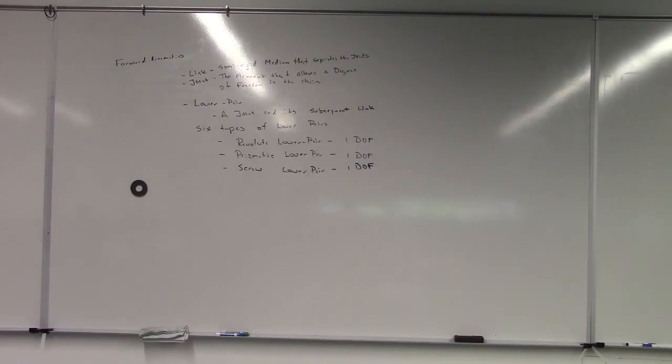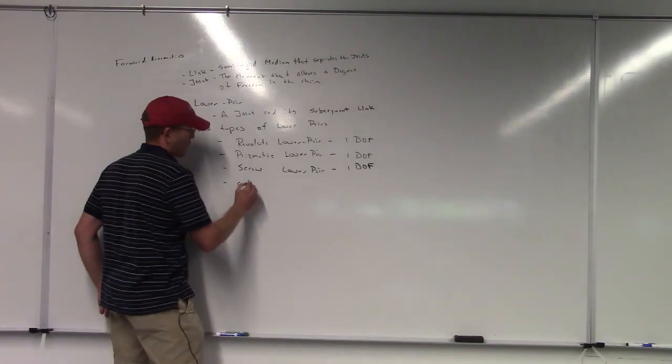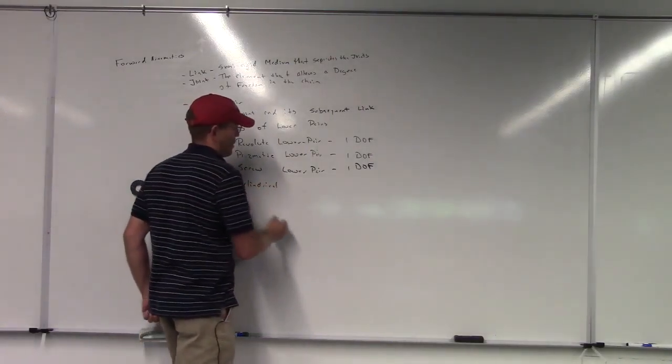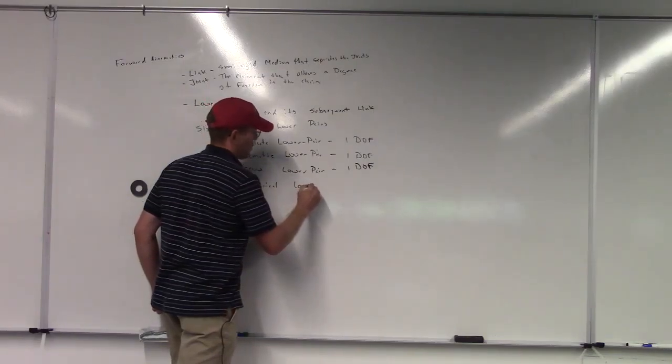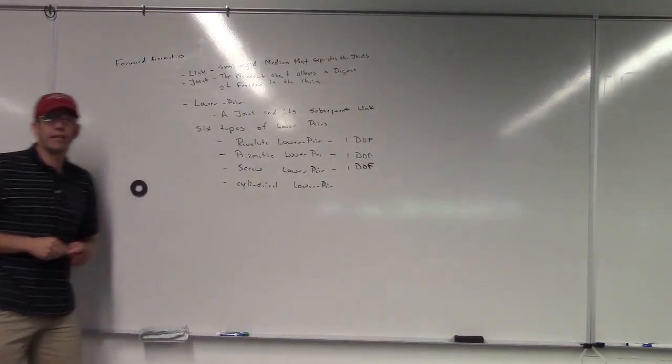We have a cylindrical joint. Well, a cylindrical lower pair. What's the motion going to look like in this case?